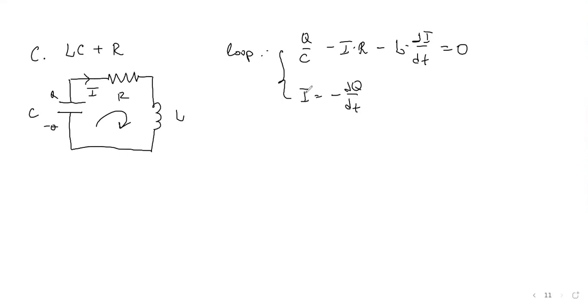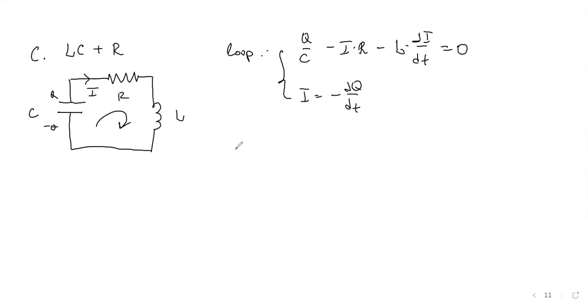So if I plug my current here and I use a negative sign, it will change it to positive, then wait a second, is it all correct? Q over C, negative I R, negative. Oh no, it's all correct, yeah.